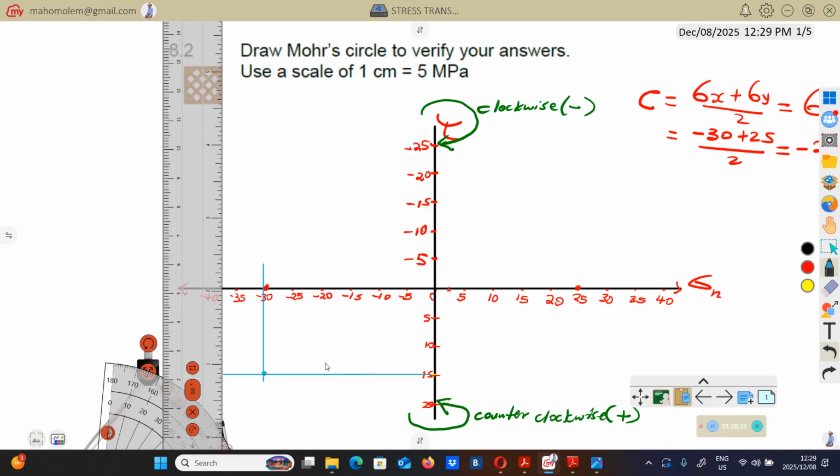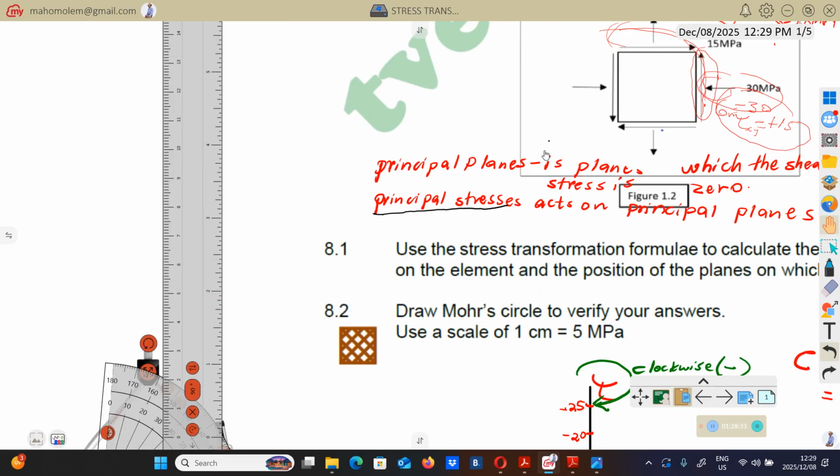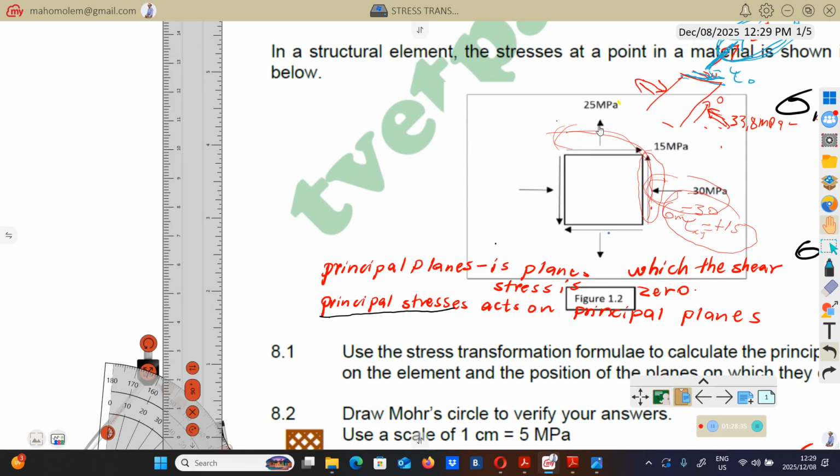And for the other one, you go to the Y face. When you come to the Y face, you will have two stresses.